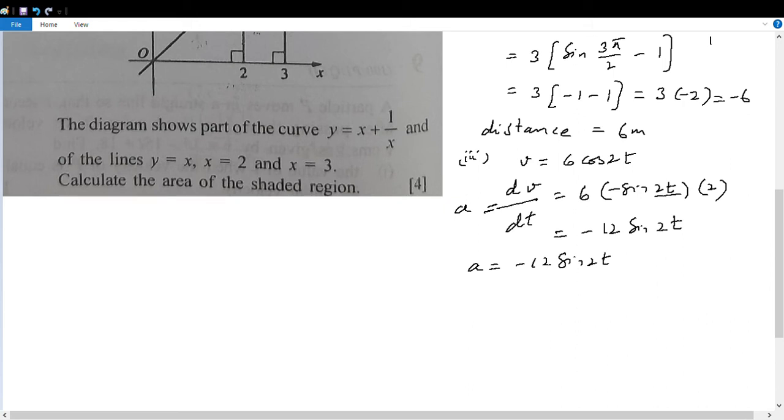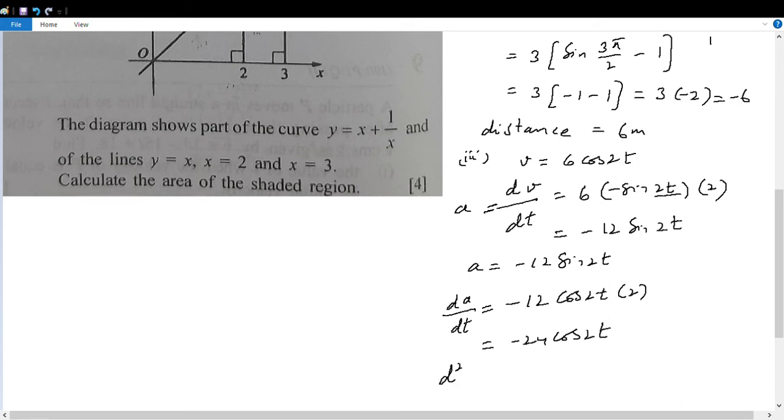Now let's take the derivative of this a. So dA over dt is equal to minus 12 cos 2t into 2, and this will be equal to minus 24 cos 2t. Now we need a double derivative of it, so we will take the derivative one more time.